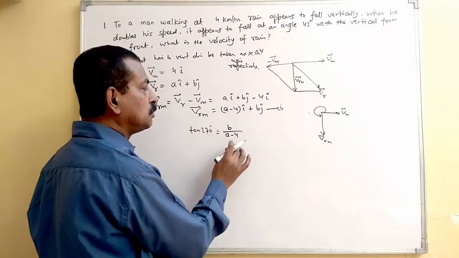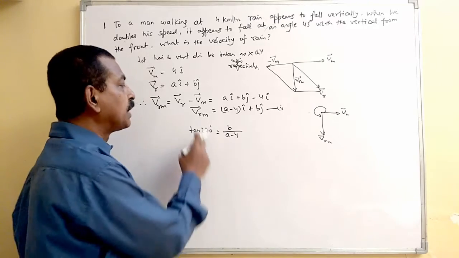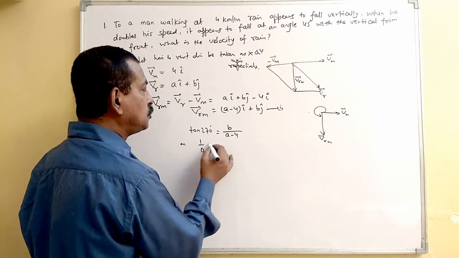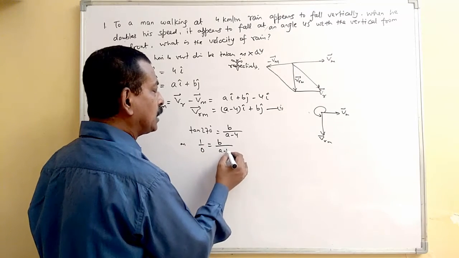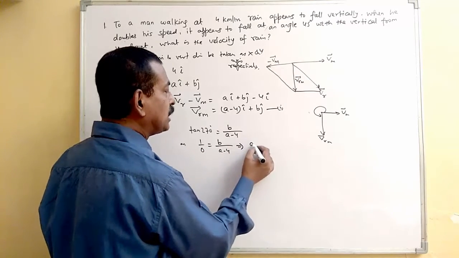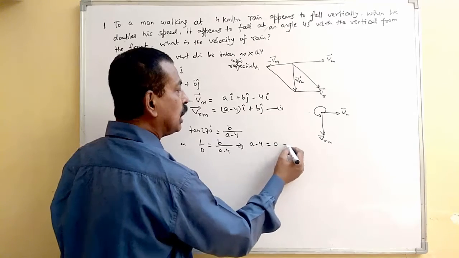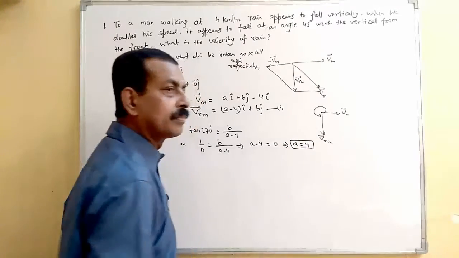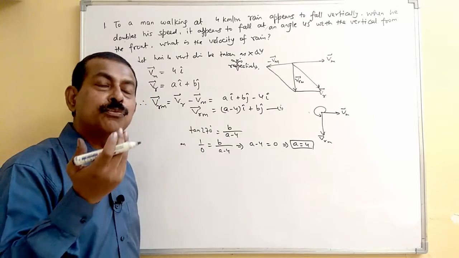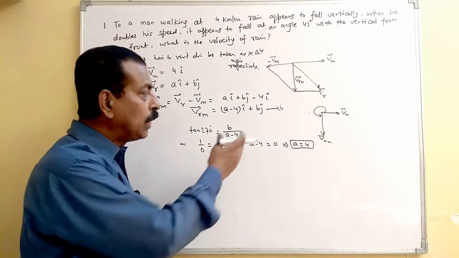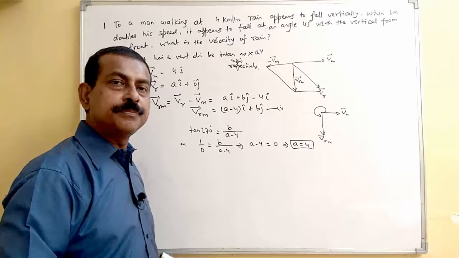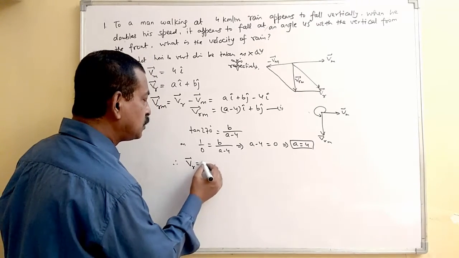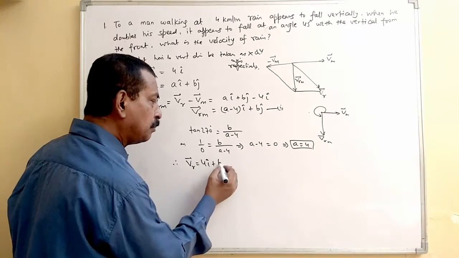So it is b by (a minus 4). Tan 270 is infinity. So it is 1 by 0, that is b by (a minus 4). And that implies that a minus 4 is 0, or a is equal to 4. So that means now for velocity of rain, you at least know its x component. So velocity of rain, we can write as 4i, but still b is unknown.